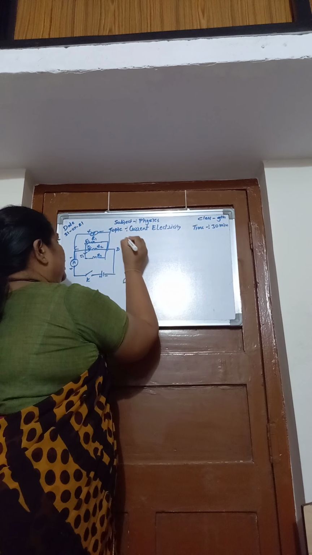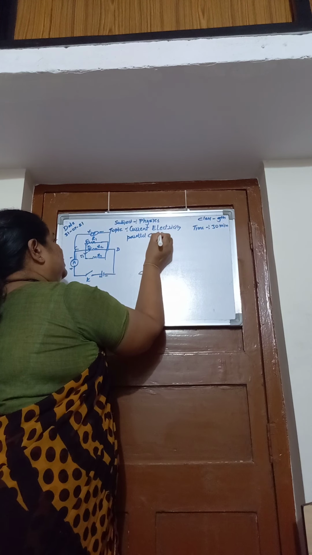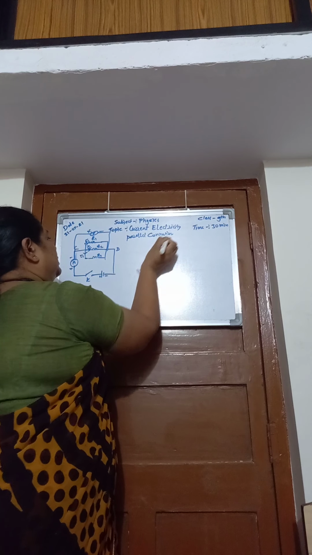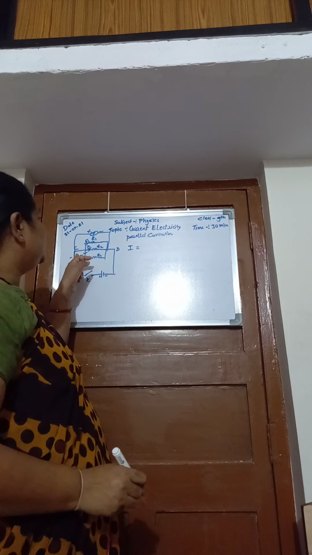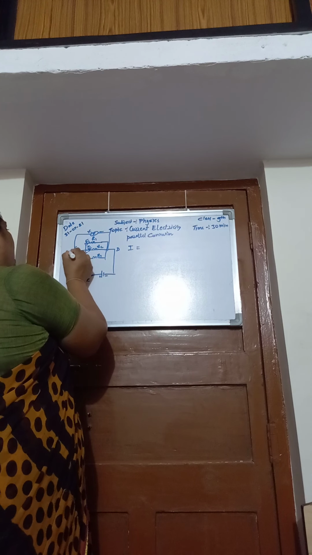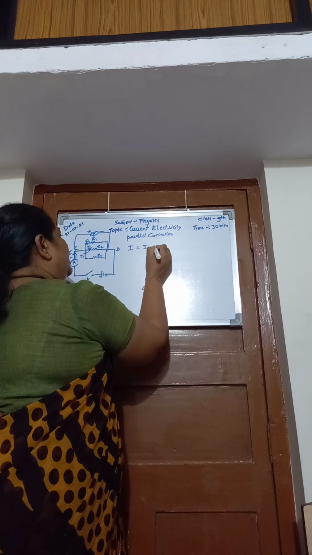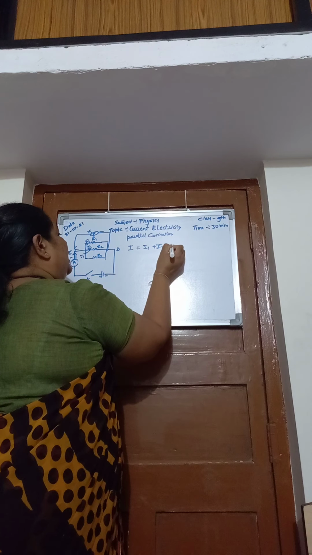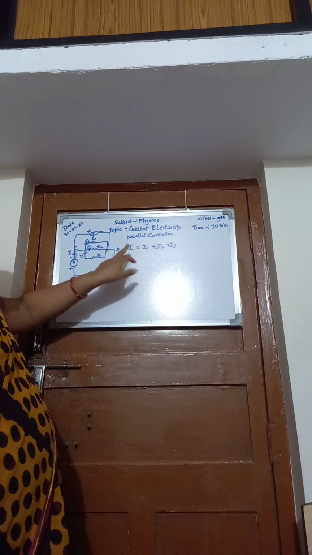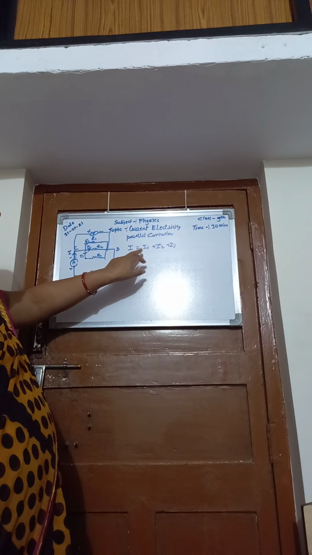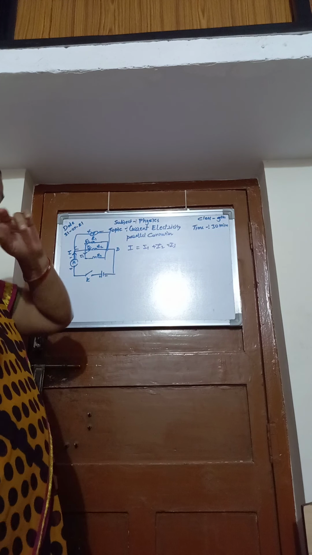First, we have to see parallel connection. Total current is I. I gets divided into I1 plus I2 plus I3. I1 is the current through R1, I2 is the current through R2, and I3 is the current through R3.